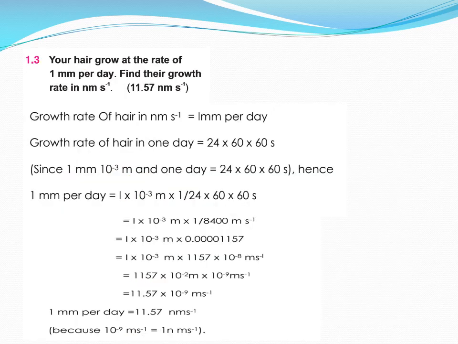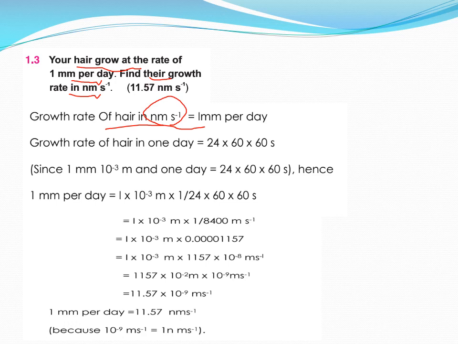Dear student, this question number 1.3 is very interesting and very applicable. Your hair grows at the rate of 1 millimeter per day. Find the growth rate in nanometer per second. So let's solve it. We are to find the growth rate of hair in nanometer per second.